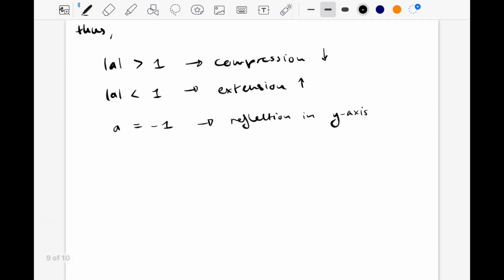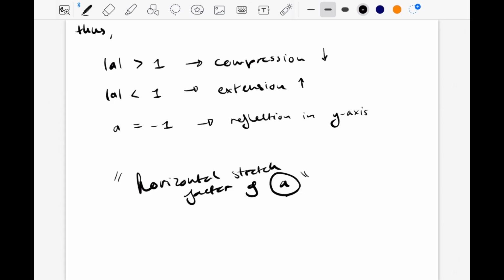So if our absolute value of a is greater than 1, and again, I am talking about when we have a horizontal stretch factor of a, which leads to f of 1 over a x. Because if your horizontal stretch factor is 1 over a, and this is already accounted for, then these statements will be reversed. But I'm talking about when your horizontal stretch factor is a, and then your function is going to end up being f of 1 over a times x.